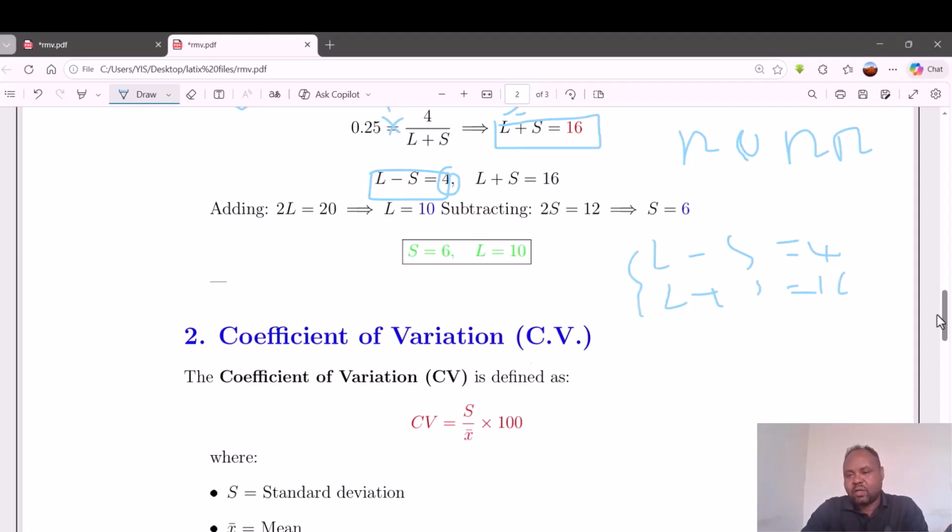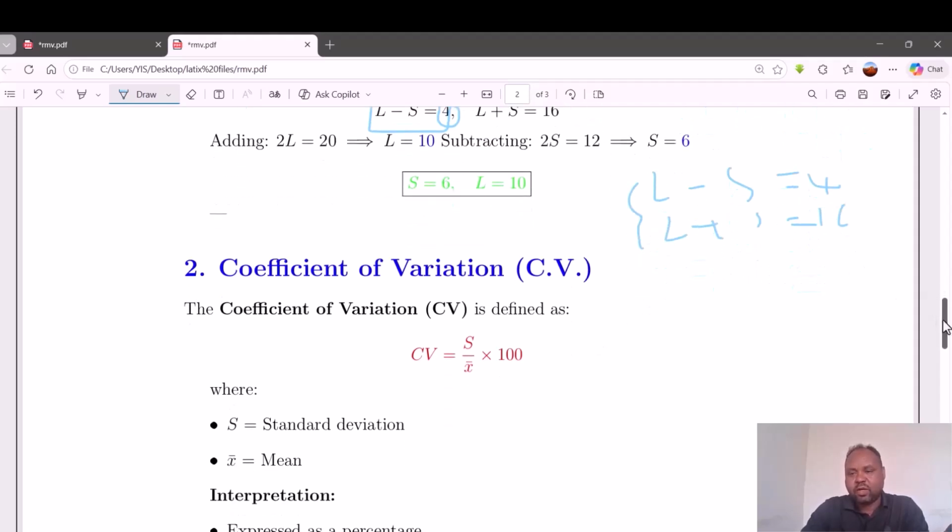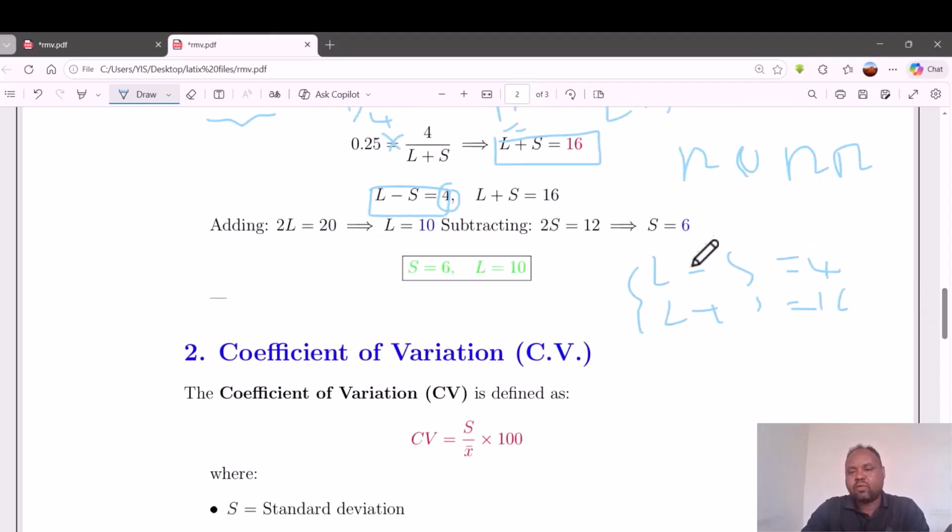This is a system of linear equations, from which we can solve L and S simultaneously. When we sum them, S cancels out because it is the same variable with different signs.